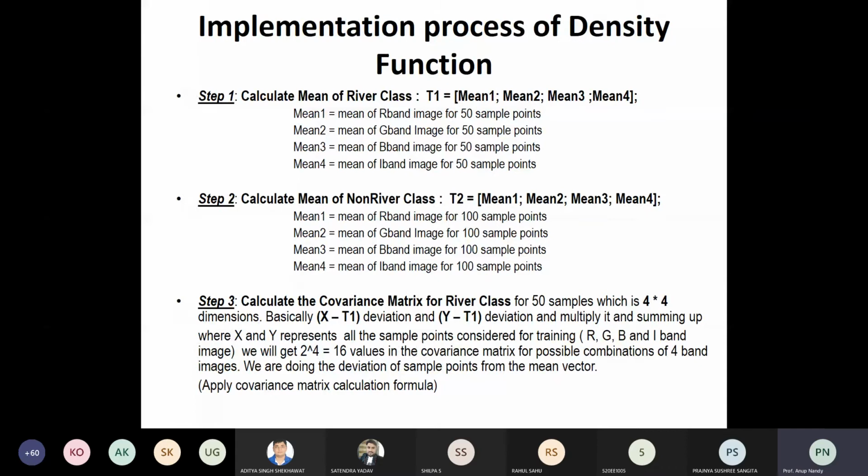R band means red band, G band for green band, B band for blue band, I band for infrared band. Now you have 2 to the power 4, total 16 values, and all the diagonal values are called the variances. How many variances will you get? 4 variances.